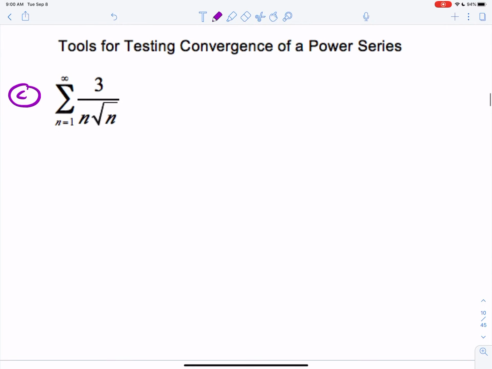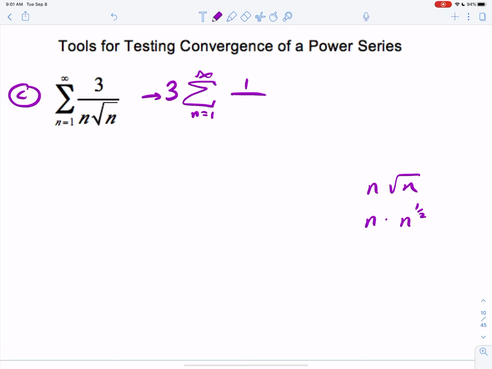So here's what you guys need to know. First off, that 3 is a coefficient. And just like with integrals, that coefficient can go on the outside. Okay, so that leaves me 1 over. Now, sidebar here, n times radical n is the same thing as n times n to the 1/2.